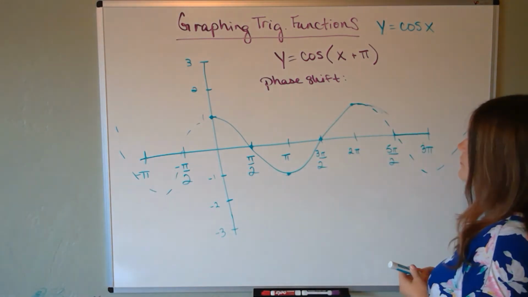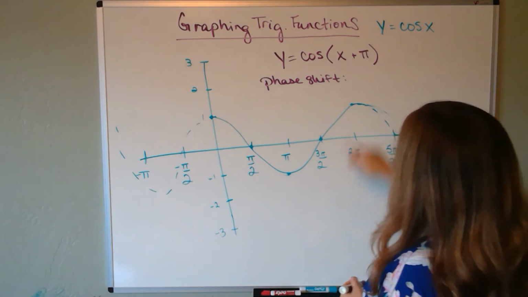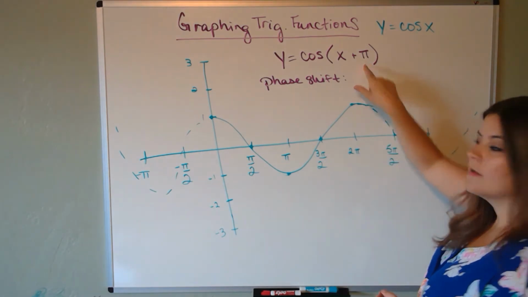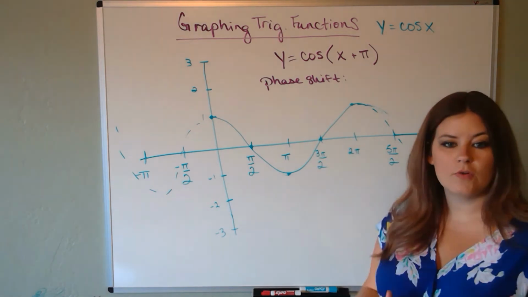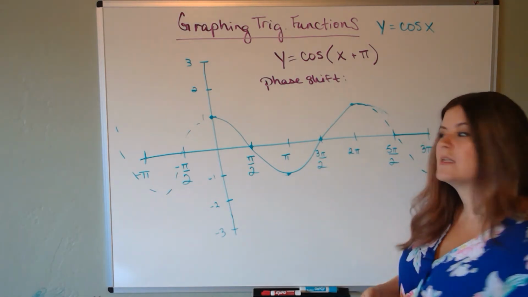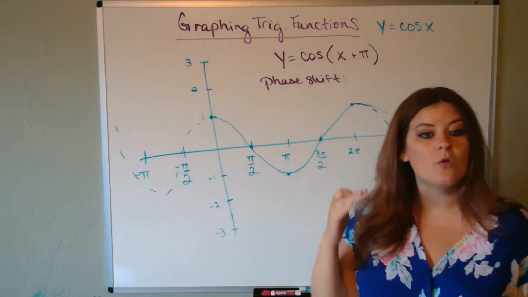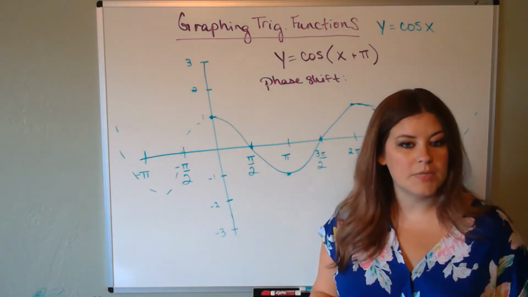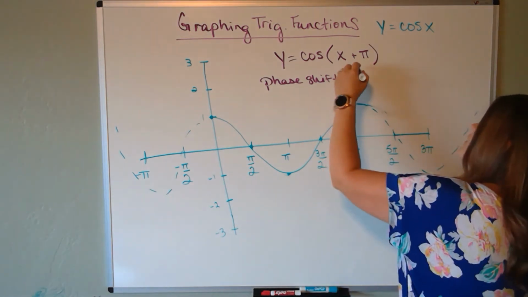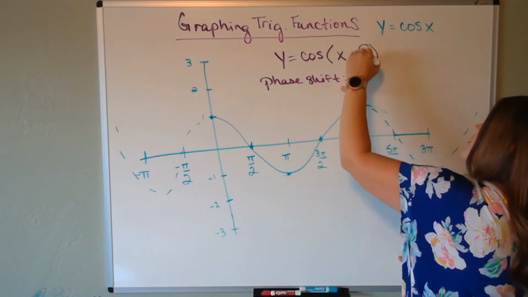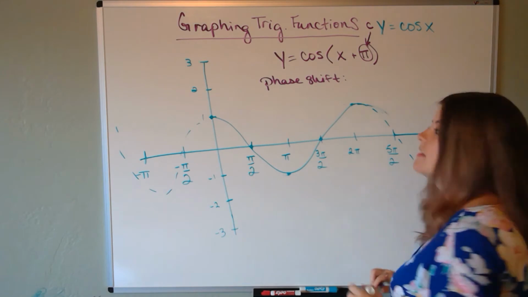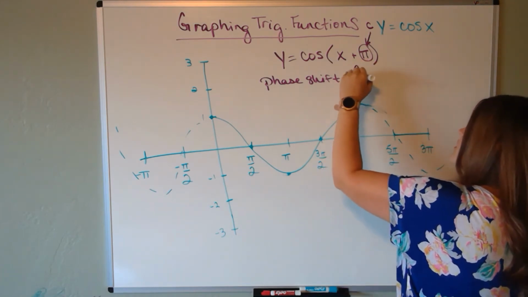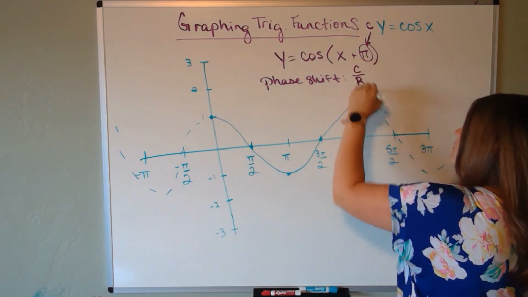So our phase shift has to do with this, but it is more than that. You guys, the phase shift has a formula, just like the period did. Remember how the period was always 2 pi over b? Well, the phase shift is going to be, sorry, I'm going to call this c for a minute. If this value is c, your phase shift is always c over b.